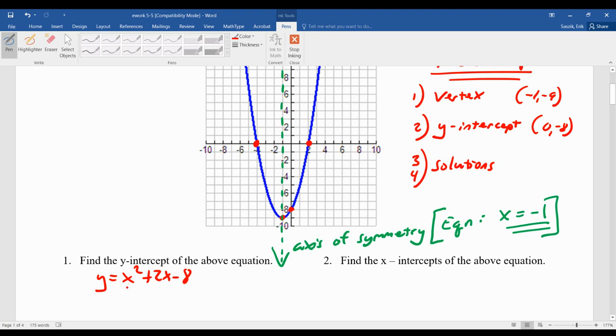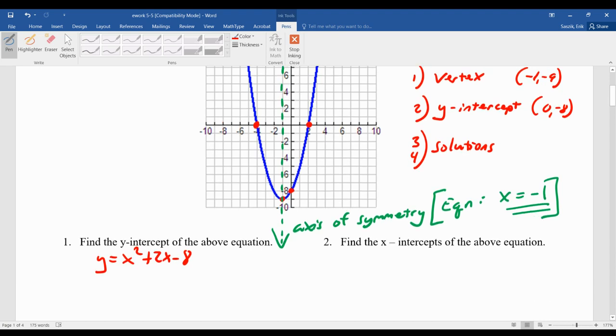So if I plug 0 in here, that goes away. If I plug 0 in here, that goes away, and you're just left with the -8. So that's another easy way to determine the y-intercept if you didn't have the graph in front of you. If your equation's written in standard form, the y-intercept is simply this constant that's just hanging off the back, because all y-intercepts have an x value of 0, and it makes all the other stuff go away as long as you're in standard form.